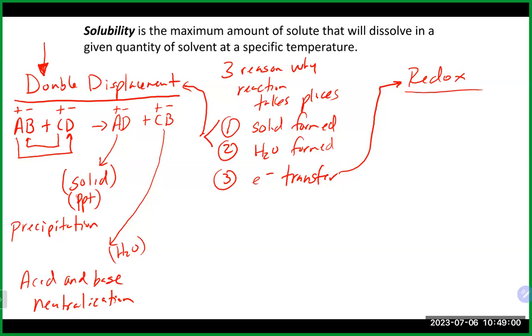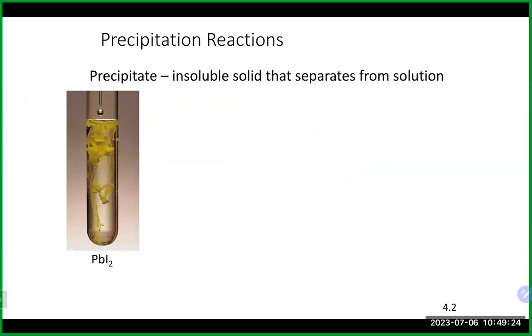Clearly, in a precipitation reaction, you can see the precipitate being made. A lot of times you cannot see water being made, right? You pour it together and go, wow, I made water. It looks the same. So a lot of times you can't visually see water being made, but it is being made. And those are two of the three reasons why a reaction takes place. And those fall under the big umbrella of double displacement reactions. Electron transfer and redox, we will get back to a little bit later on.